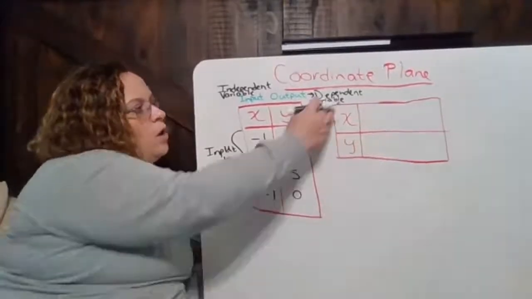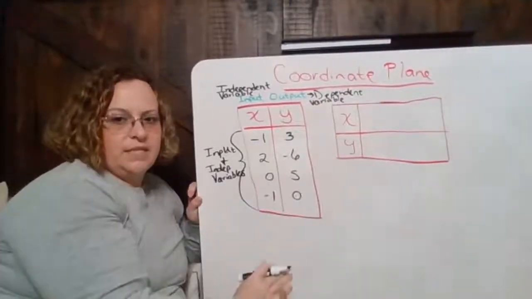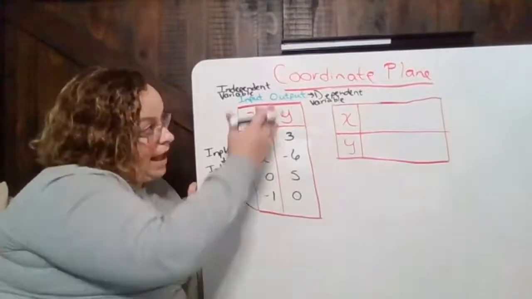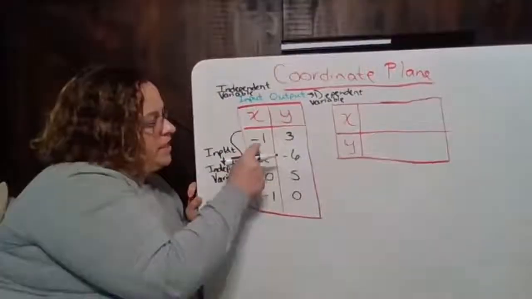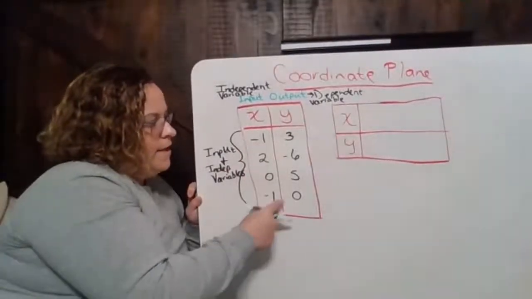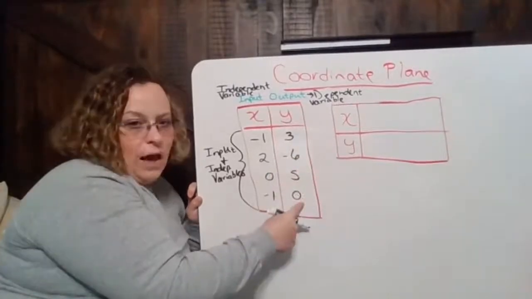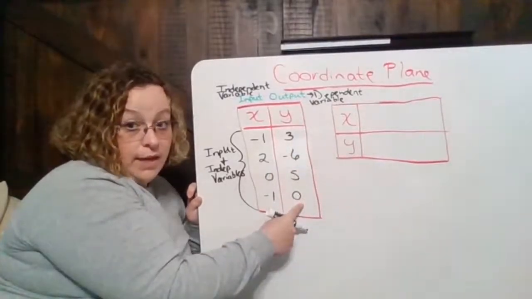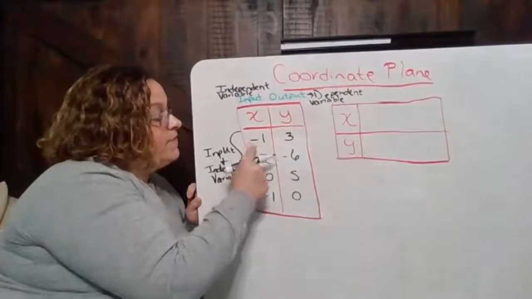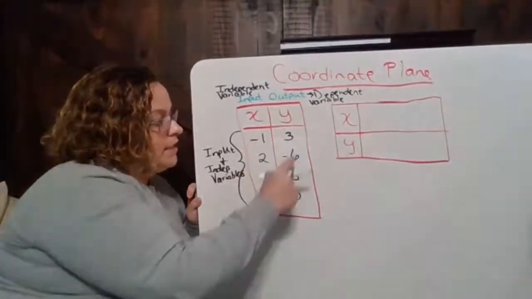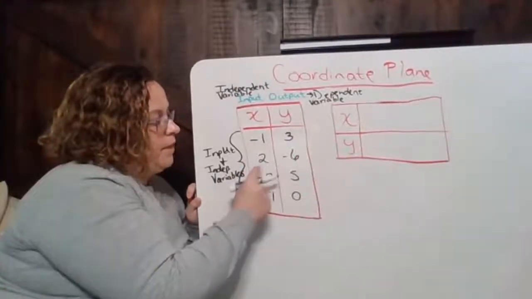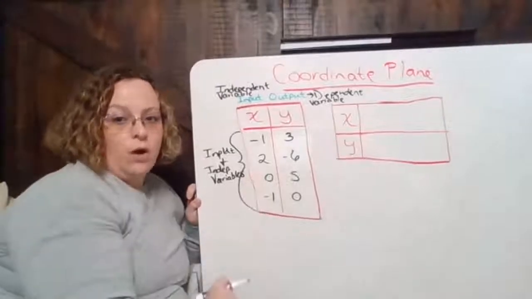Now, here's where the whole dependent variable comes into play and output. If I put these numbers in, this is what I'm getting out. If these are independent, these numbers depend on what the numbers here are.